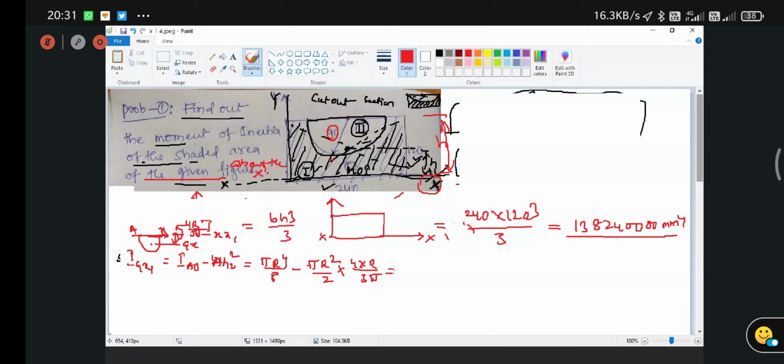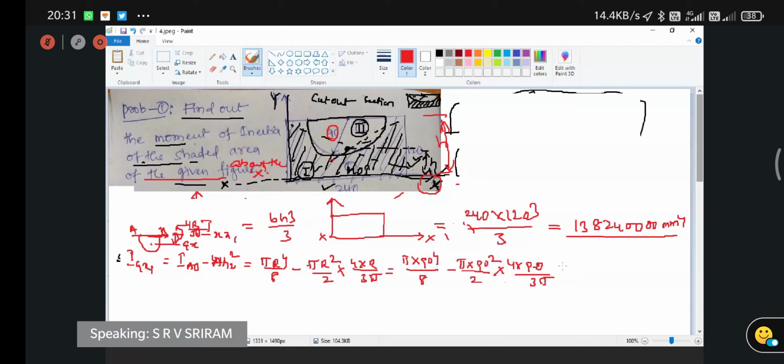So if you calculate here, pi into 90 whole power 4 divided by 8, minus pi into 90 whole square divided by 2, into 4 into 90 divided by 3 pi, which is equal to, definitely here I got 7201154.